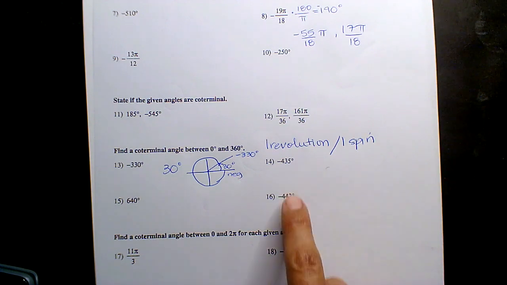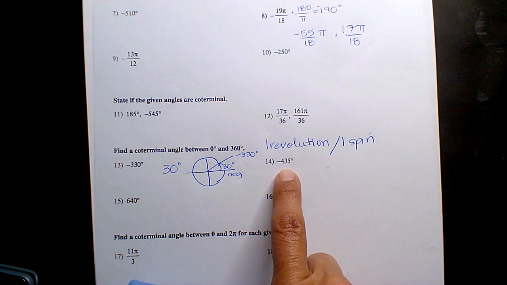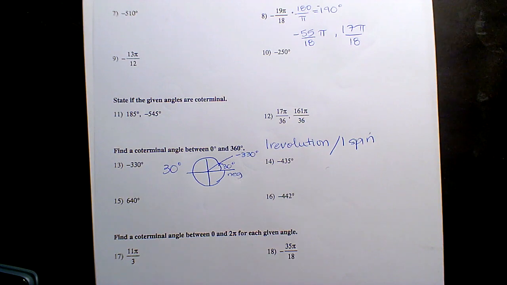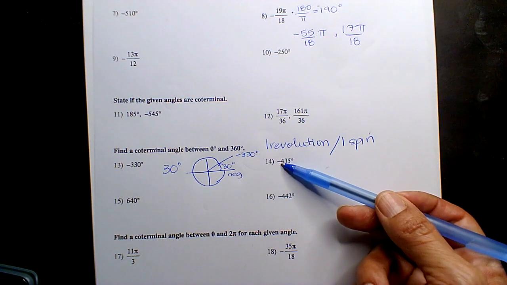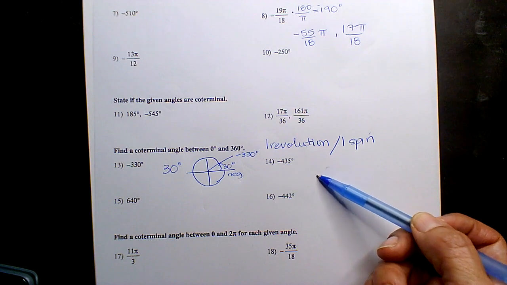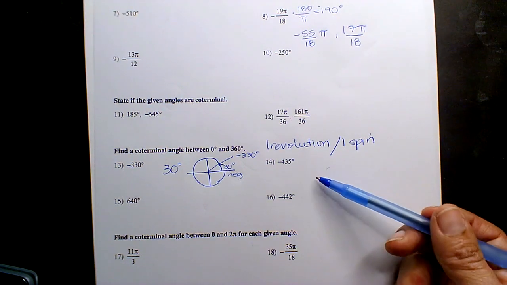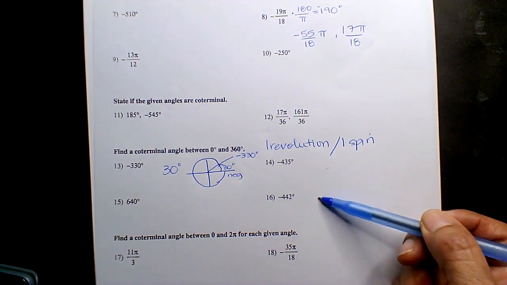As long as you know how to get that to go back to the first spin, if you have 435, just take 360 away and you'll get the first spin. But remember this is negative, so if you take 360 from it, you still got to know you're dropping quadrant 4, 3, right? Positive spin, you're going quadrant 1, 2, 3, 4.